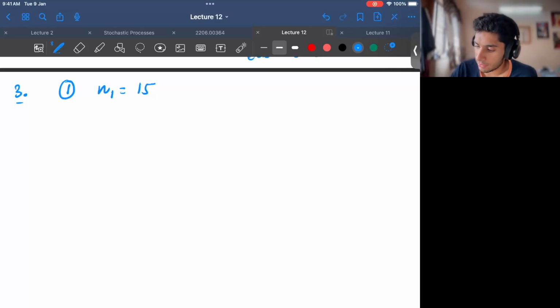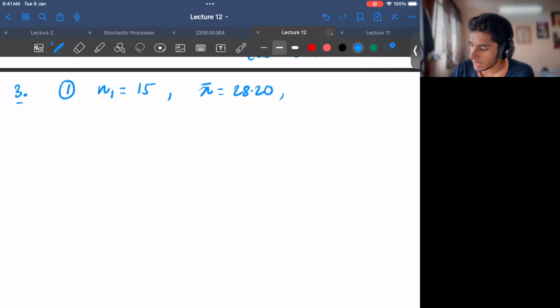So N1 is 15, and X bar, the sample mean, is given to you to be 28.20, and your standard deviation S1 is given to you as 4 hours, so I'll write 4.0.